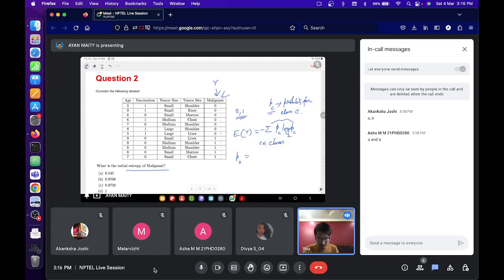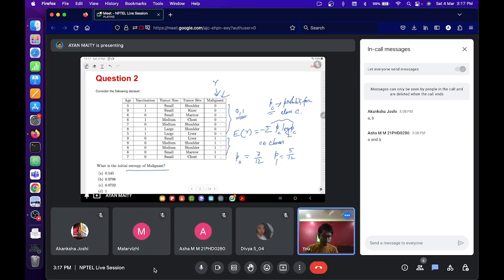So there are 12 data points in total. Out of the 12 data points, these 7 points are zeros. So probability of 0 is 7 by 12. Similarly, probability of 1 will be 5 by 12 because there are 5 ones. So P0 and P1 are the probabilities of the two classes.